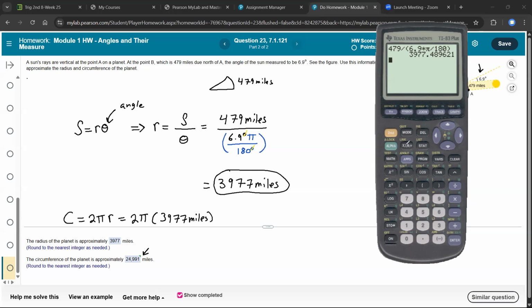So we need to watch out. What we actually need to do is keep that value from the previous part and multiply that by 2 and multiply that by pi, and this is going to be the correct answer. So this rounds it too much, and it turns out it's not going to work. So watch out for that.